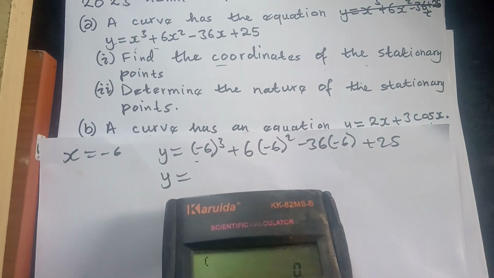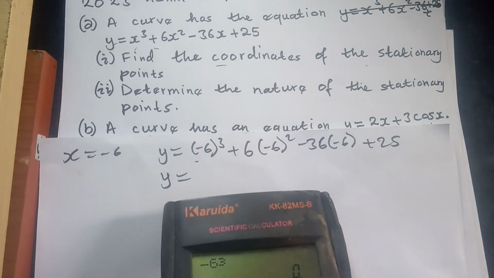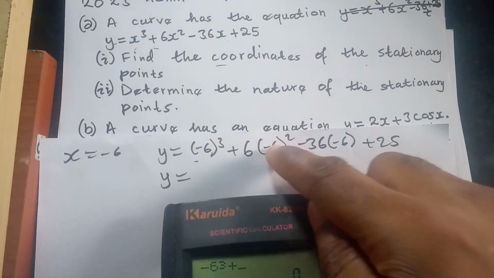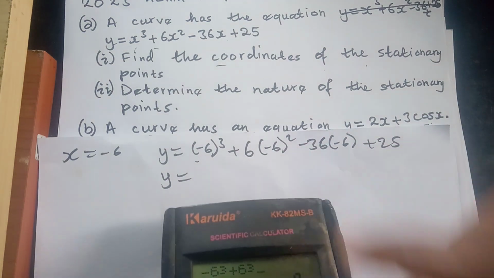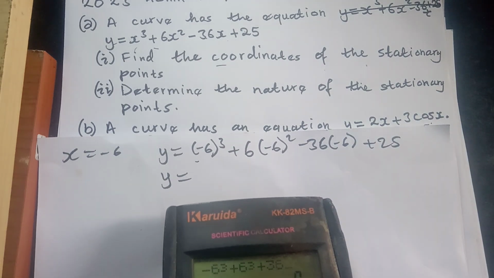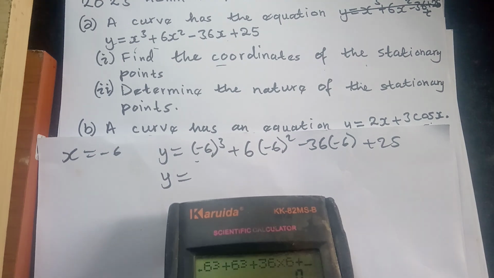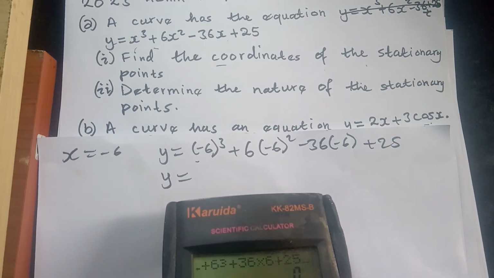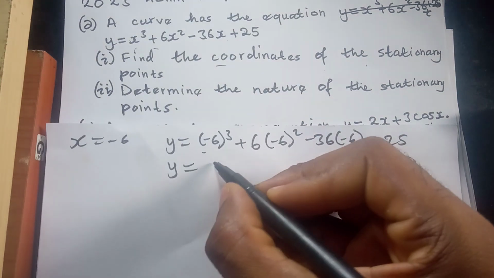So negative 6 cubed plus, this one will be positive 6 cubed again, and then this and this will be positive. Let's just write it as 36 times 6, and then plus 25. So this will give us 241.